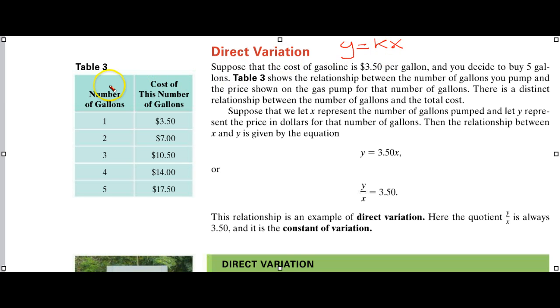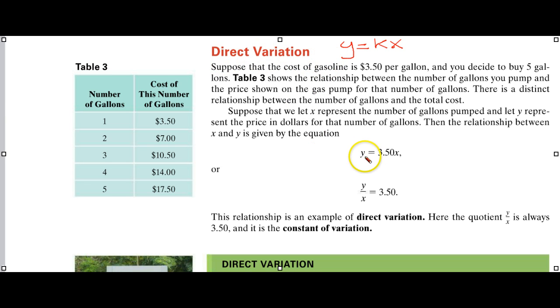But let's take a look now at this little chart. If you buy a gallon of milk, it costs this. 2 gallons of milk costs this. 3 gallons of milk costs this. So as you buy more and more gallons of milk, the price increases at a steady amount, and that is in nature what direct variation is.